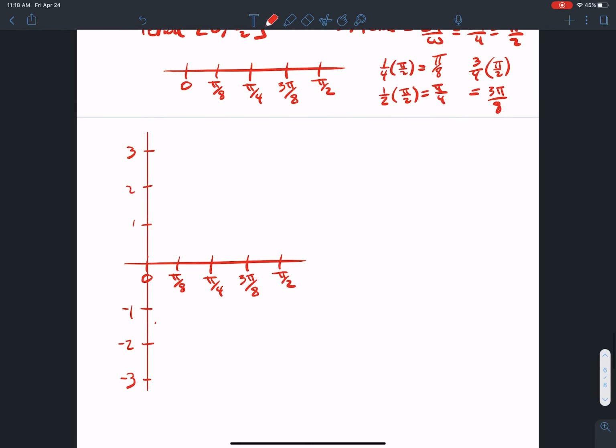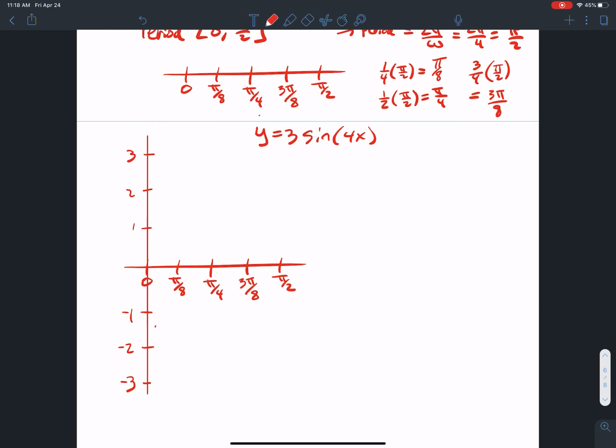So what is my function? I'm going to write it again. Y equals 3 sine of 4x. So here's what you can think. If I plug in 0, let's have an x and our 3 sine 4x table.